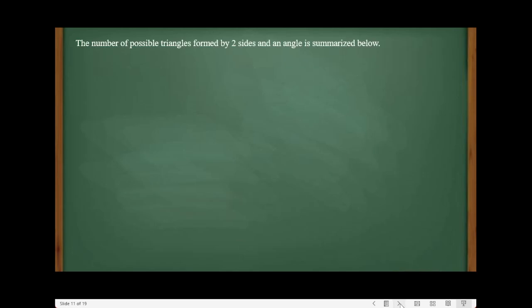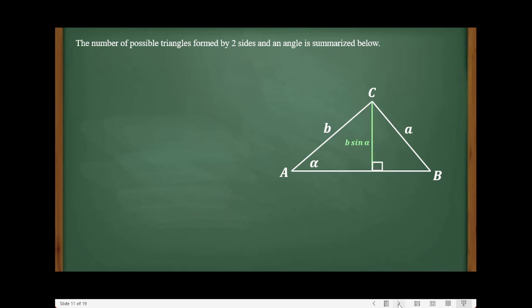Now, the number of possible triangles formed by two sides and an angle is summarized below. We refer to the same oblique triangle with the same set of given parts. Now, we project an altitude, or the height, drawn from point C to the base.